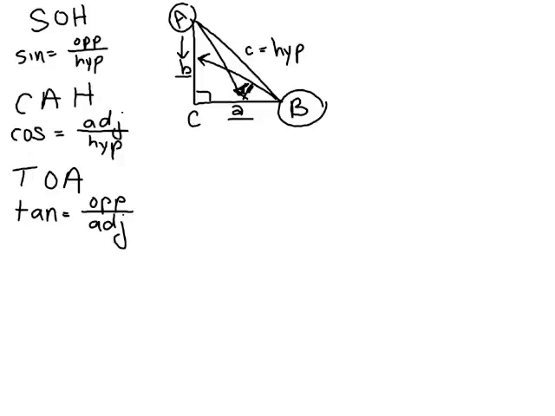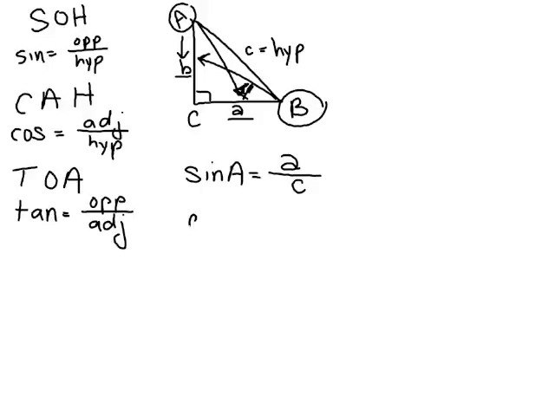So now when we talk about opposite and adjacent, let's say I want to do the sine for angle A. So the formula for sine is opposite over hypotenuse. So starting here on angle A, opposite angle A across the triangle is my little side A. And the hypotenuse is my little side C. So the sine for angle A is the opposite over the hypotenuse.